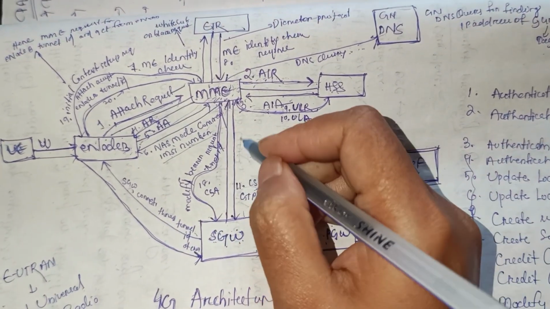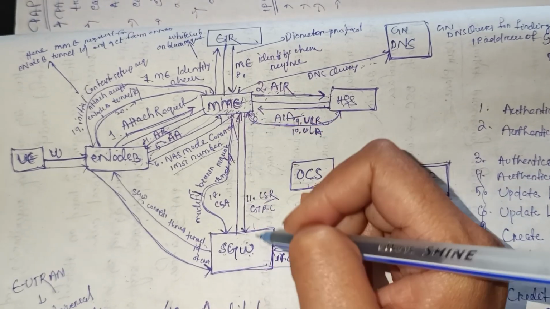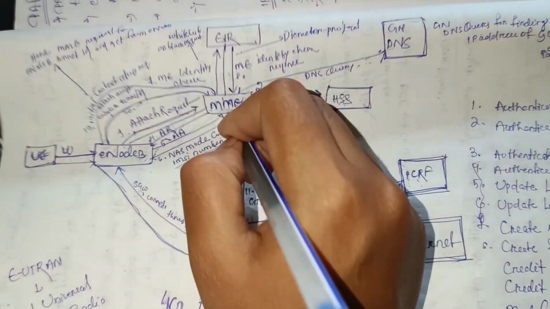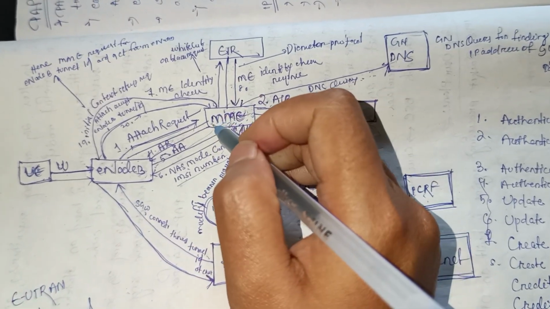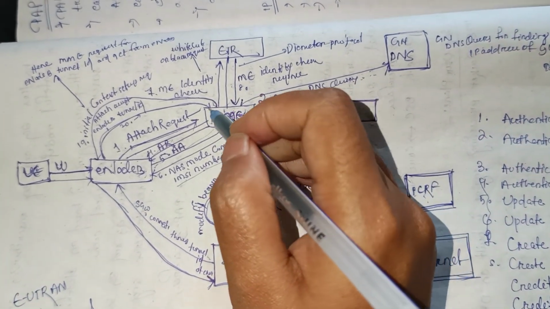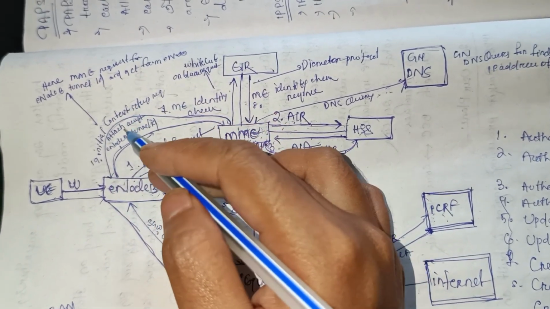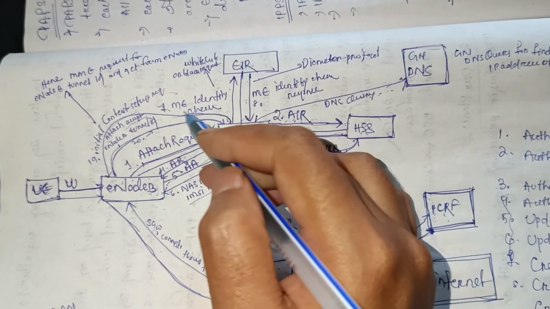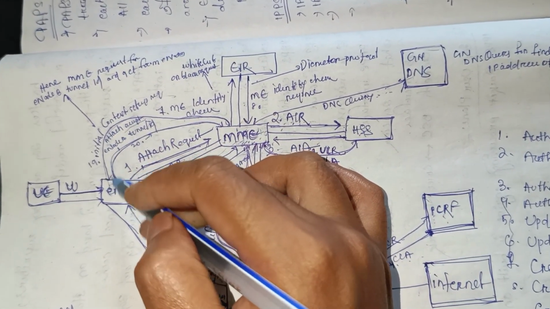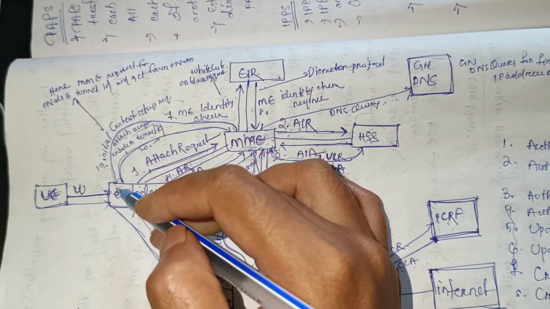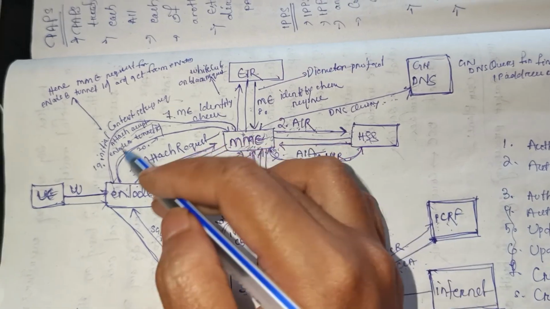Then SGW will send all that information through the create session answer. After getting all the information in the create session answer, MME will send the initial context setup request, which is the attach accept request. So here MME will tell eNode B to provide the eNode B tunneling ID, and eNode B will answer with that tunneling ID.